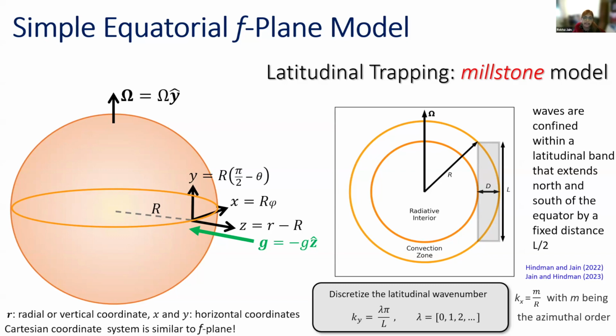But yes, you are right that there are other solutions that will come into it when you don't have the plane wave approximation in ky. So Peter, this is very similar to the Glatzmeier and Gilman paper, except that these are exact solutions in terms of Whittaker functions, as opposed to some asymptotic approximations.